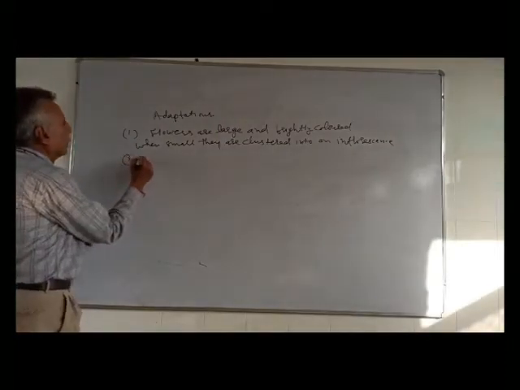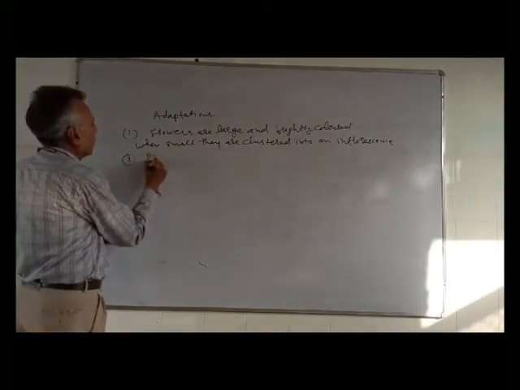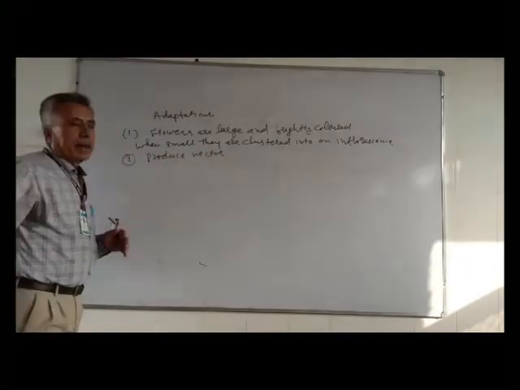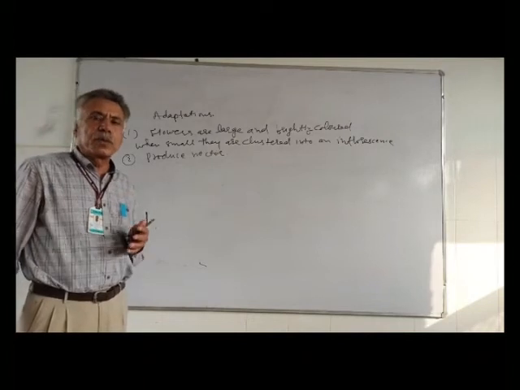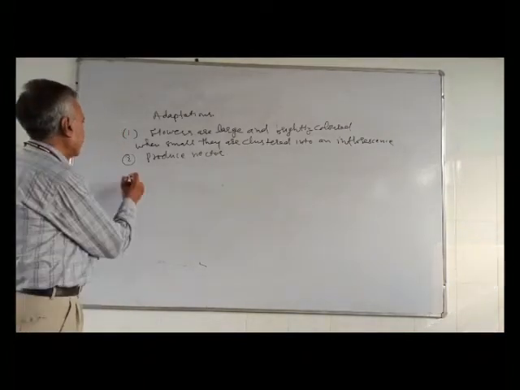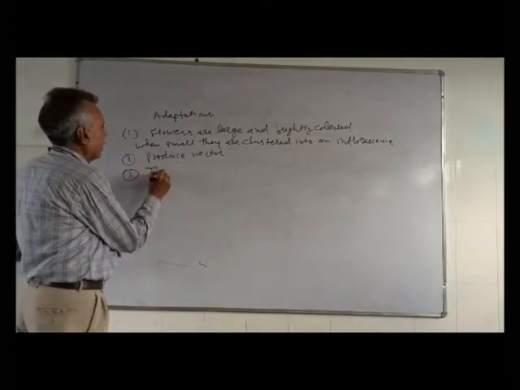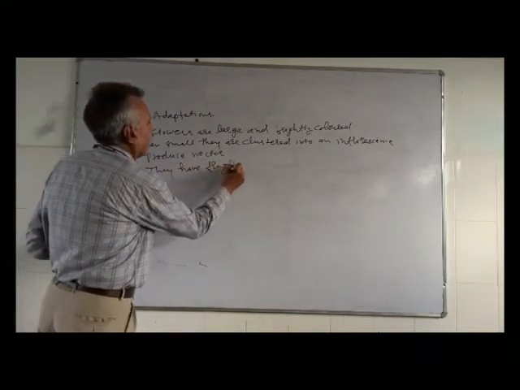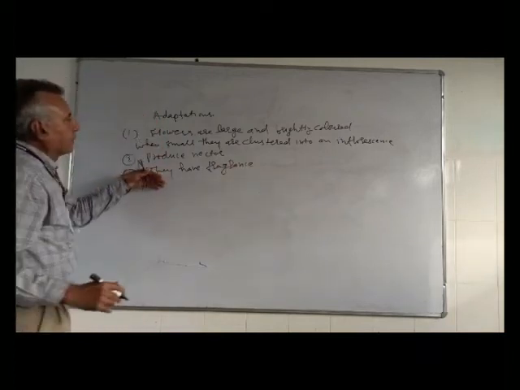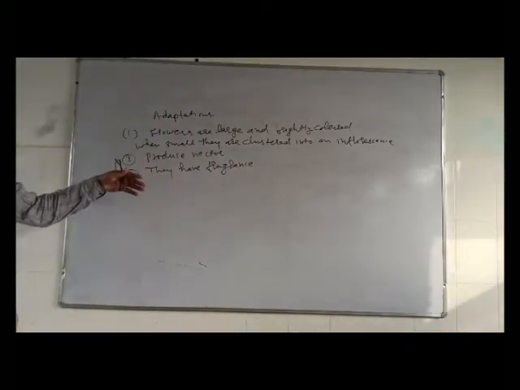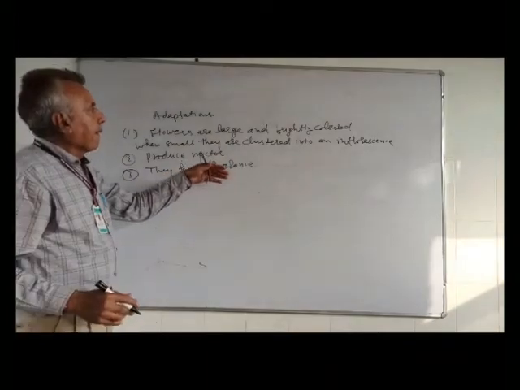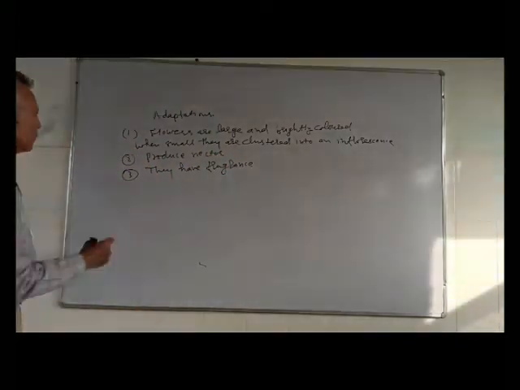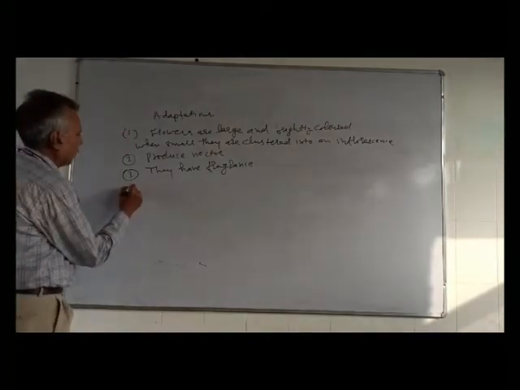Number two, these flowers produce nectar. Nectar is a nutritious food for the insects. Number three, they have fragrance. These things, bright color, nectar, fragrance, attract the animals.